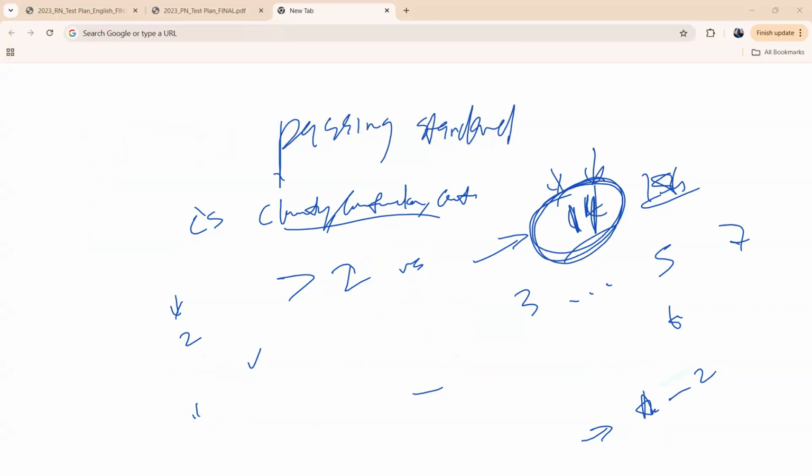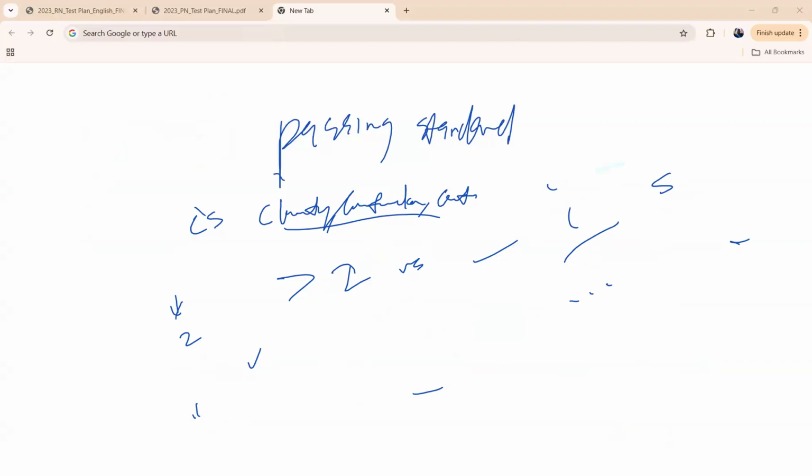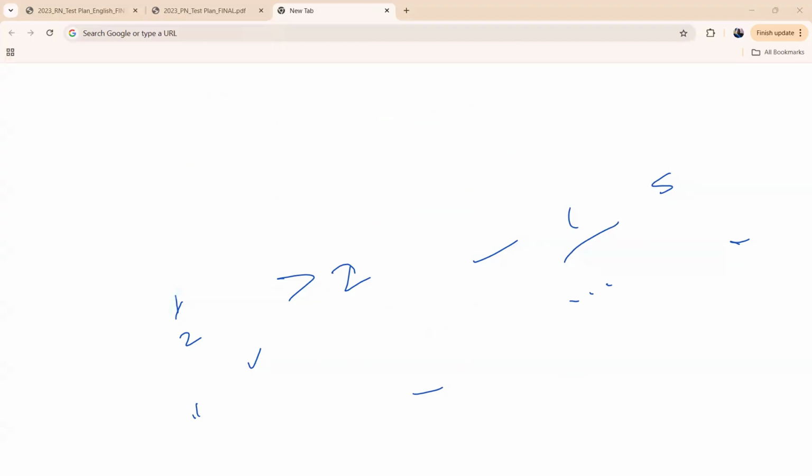Now, the last thing I want to talk to you about is the amount of questions you get in each area. You remember I said you don't need to be above the passing standard in all areas, right? You just need to be consistent with being above the passing standard, because NCLEX tests for competency, not grade or score.